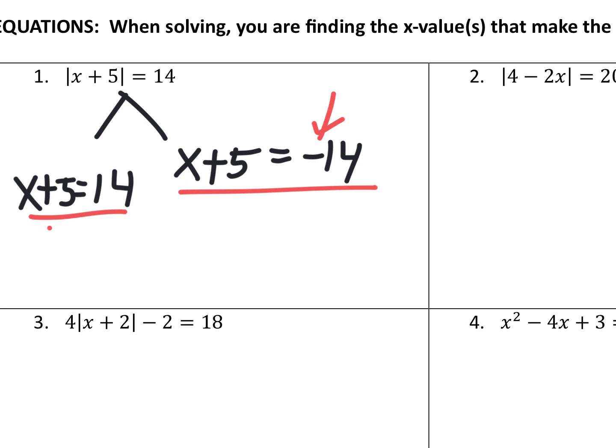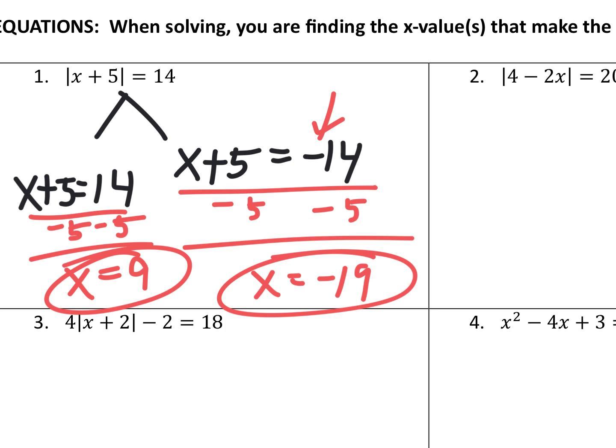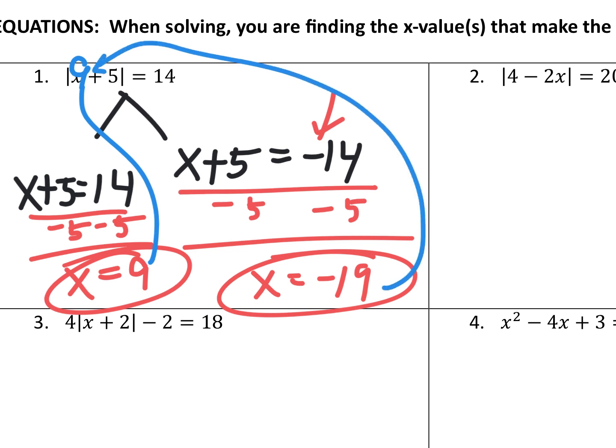So final answer. 14 minus 5 is going to be 9. Negative 14 minus 5 is going to be negative 19. There's my two answers. And if you're ever like feeling like, is this really right? We'll take the 9, stick it in, see if it works. Absolute value of 9 plus 5, it is 14. Sweet. And negative 19 also works when you stick it in right there.